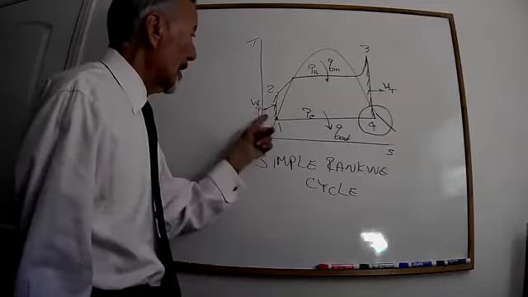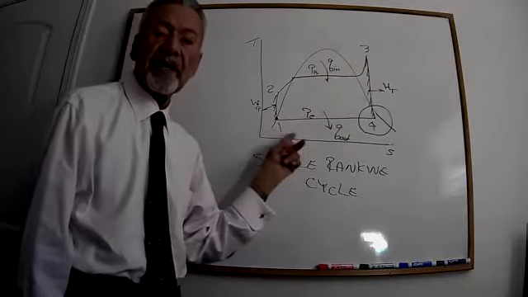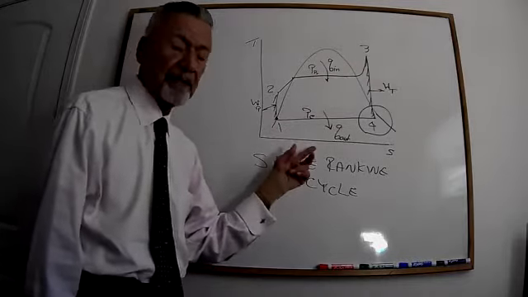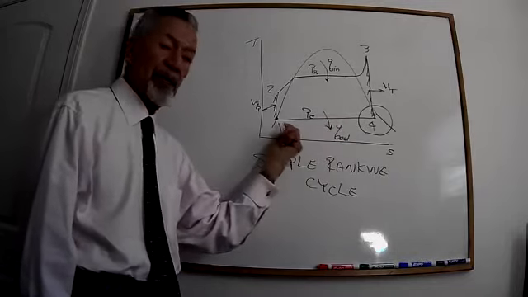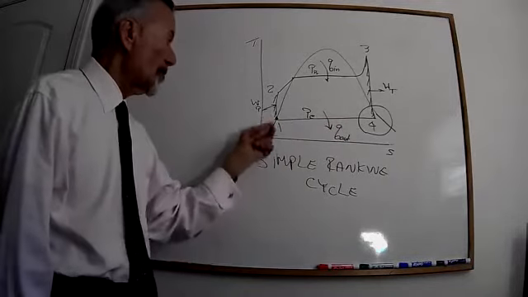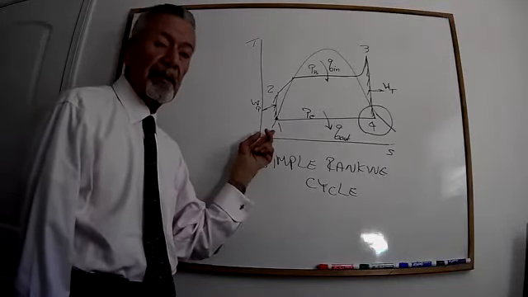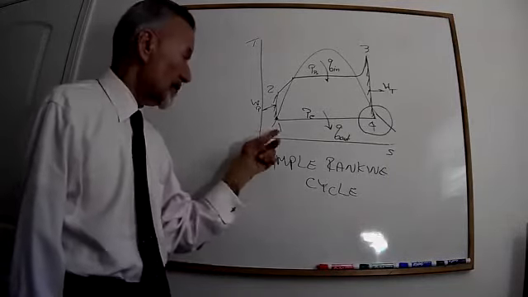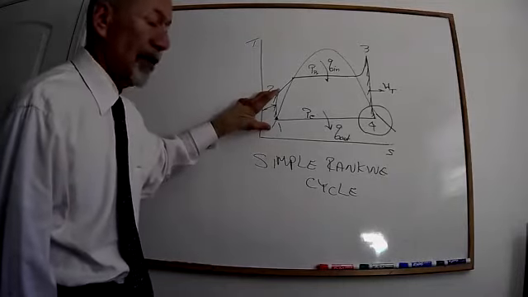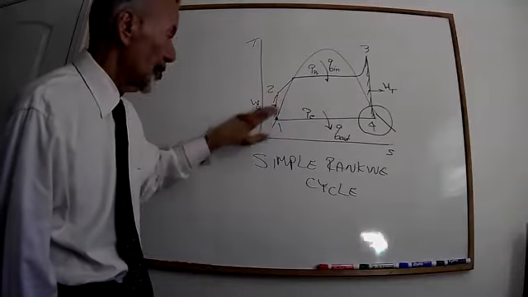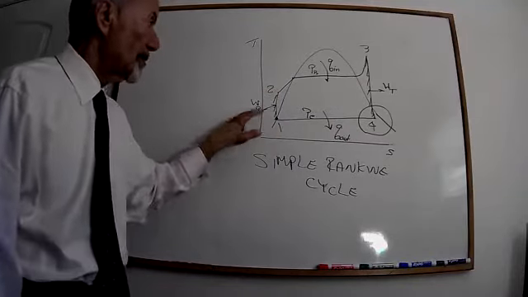Again, the energy values throughout the cycle are delta H across the equipment. For the condenser, it would be H4 minus H1. For work of a pump, it's H2 minus H1, or V1, the volume at the base of your pump, times delta P, the pressure between 2 and 1, which also gives you the work of a pump.